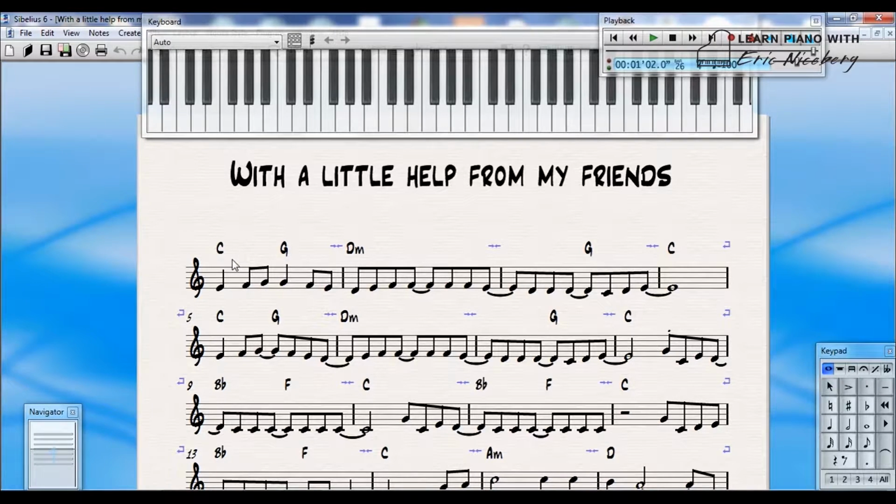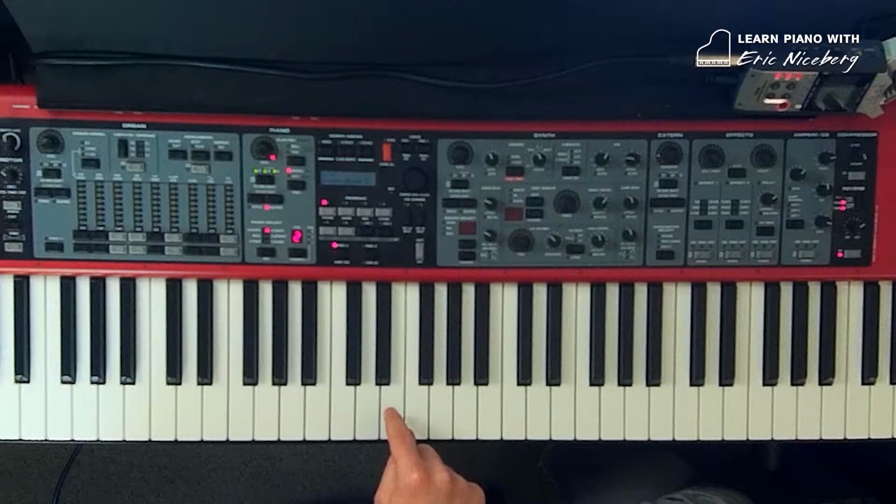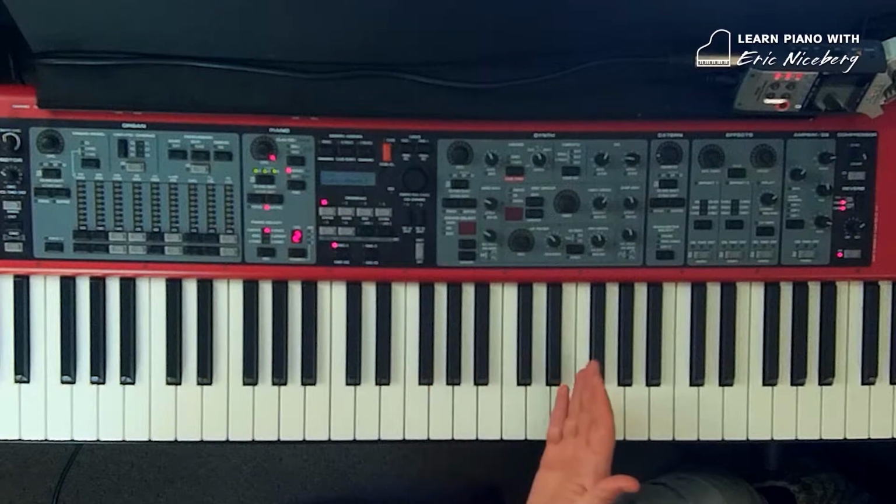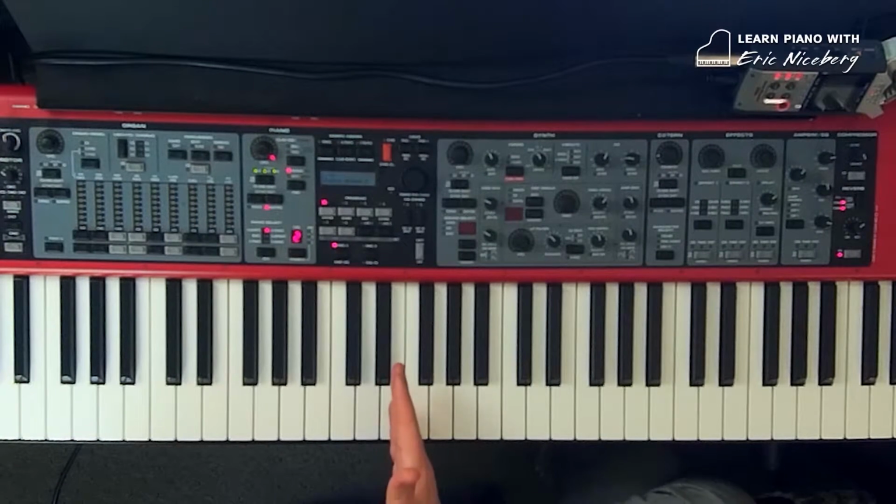Now the second thing that we need to do is play the melody, which is E, and build our chord from that E down the keyboard. Right? Because we can't go past the melody. The melody should be the highest note. So we want to build our chord from E and down.